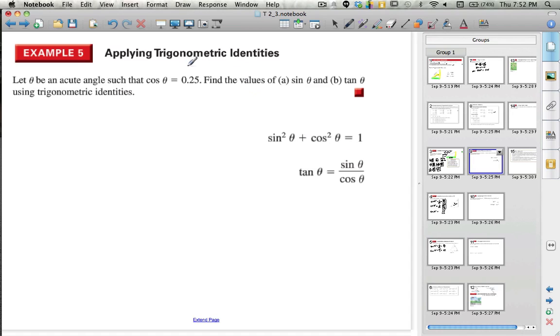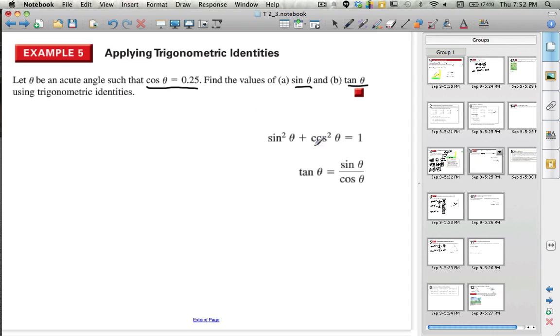So if I want to apply trig identities, let's take a look at what we might do. They tell me that cosine is 0.25 or 1/4. They want me to find sine and tangent using these trig identities.